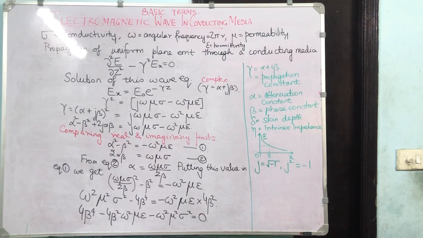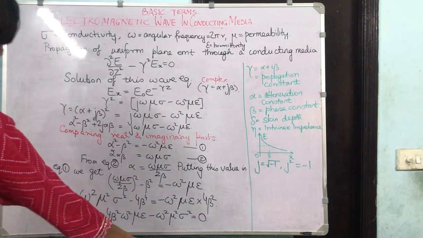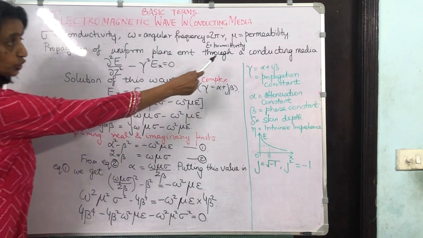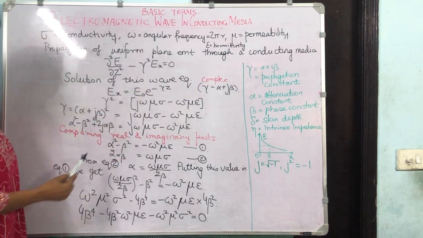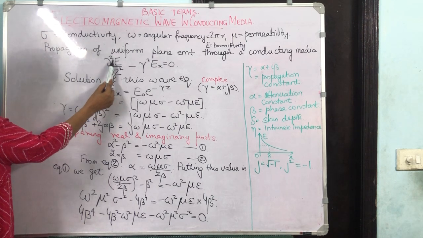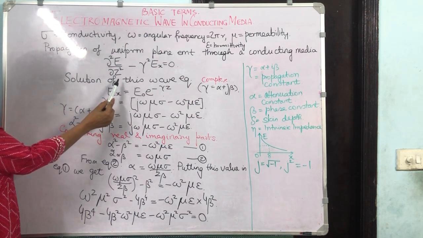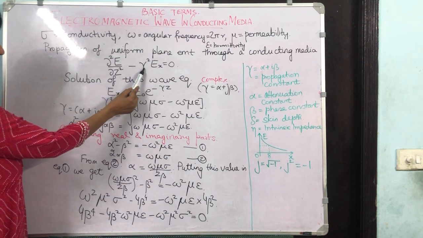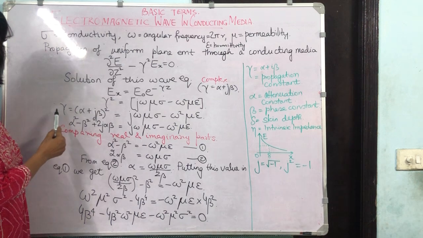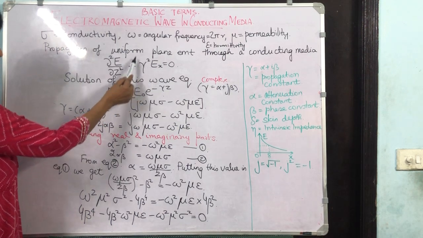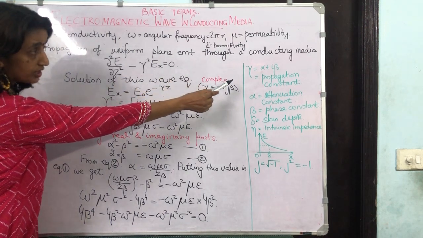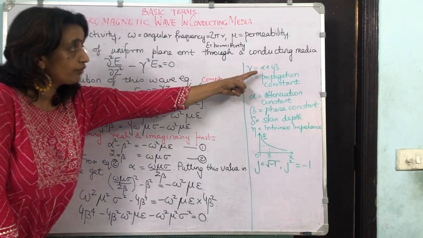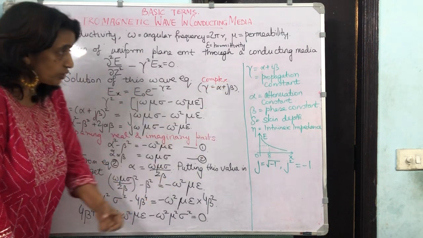So we know that propagation of a uniform plane electromagnetic wave through a conducting media is given by del squared E upon del Z squared minus gamma squared Ex equal to 0, where E is electric field intensity and gamma is your propagation constant, and it is a complex quantity made of real part and imaginary part.